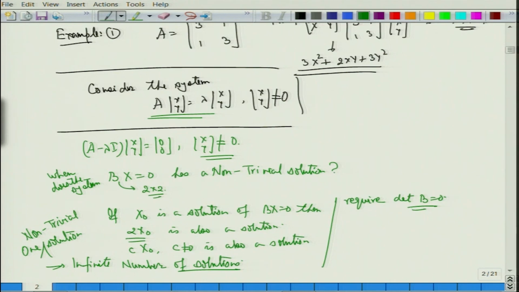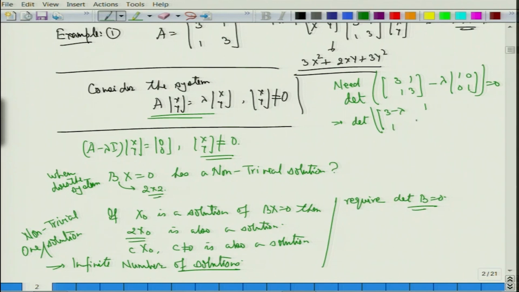If I look at this example, all right, A was 3 1 1 3 minus lambda times I for identity, so it is 1 0 0 1, and the determinant of this should be 0. This is what we need. Fine. Which is the same thing as looking at the determinant of this matrix, 3 minus lambda 1 1 3 minus lambda; the determinant of this should be 0.